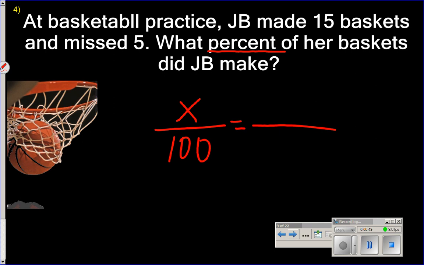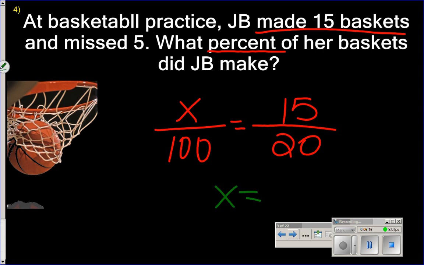And it said she made 15 baskets, so that's the part that she made. Now, the whole amount. If she made 15 baskets and missed 5, what's the whole amount going to be? Well, 15 made, 5 missed, altogether, that's 20 baskets. Kind of a two-step problem there to figure out. And then you work it out like normal, and you find out JB made 75% of her baskets.